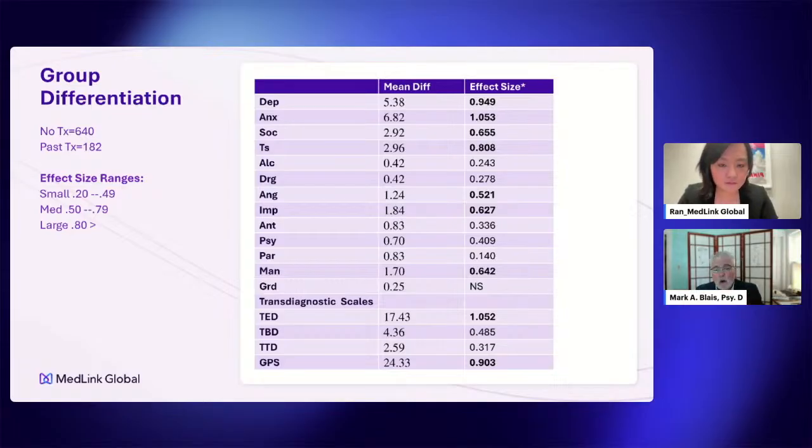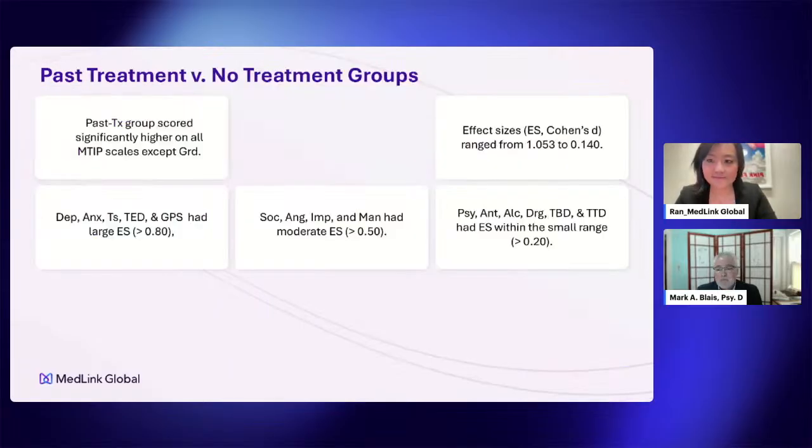This is true also for the transdiagnostic scales. So the past treatment group scored significantly higher on all of the scales except grandiosity. The effect sizes ranged from 0.10 to 0.14.